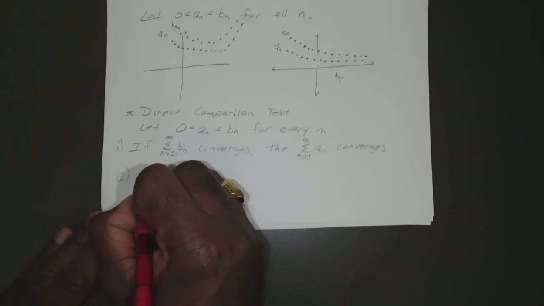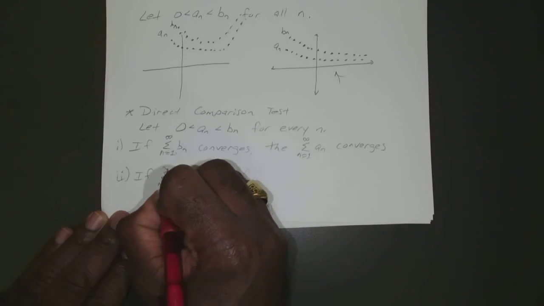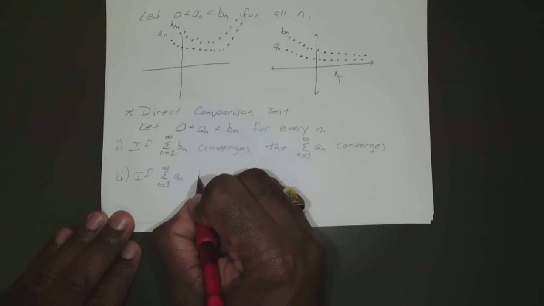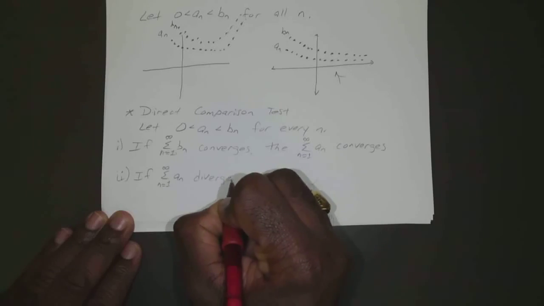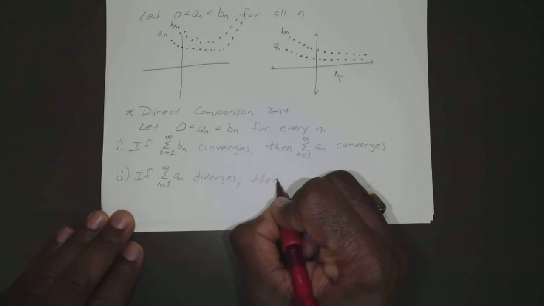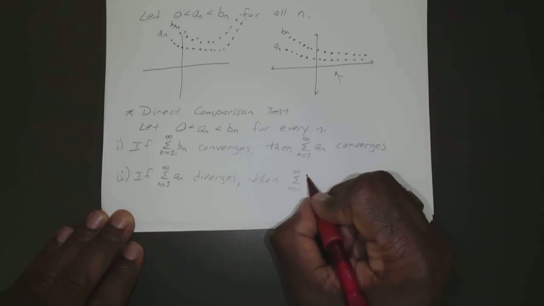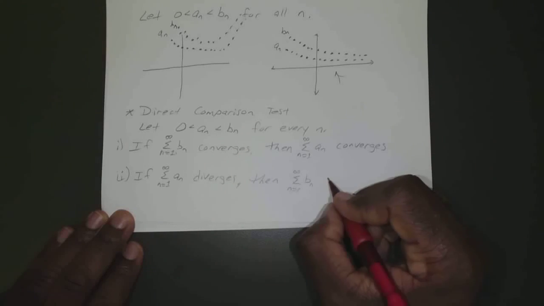But if we know that the series from n equals 1 to infinity of a sub n diverges, then the sum from n equals 1 to infinity of the series b sub n diverges.